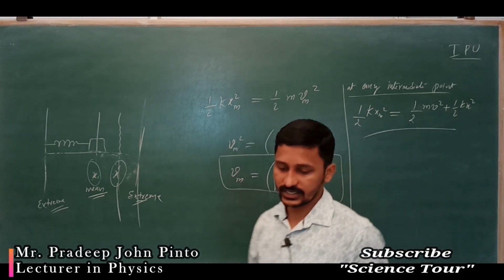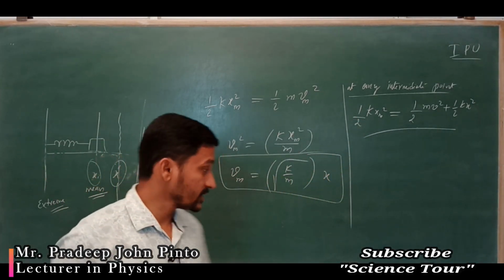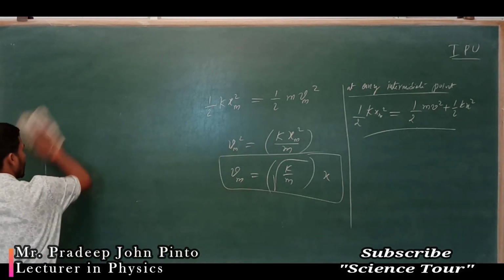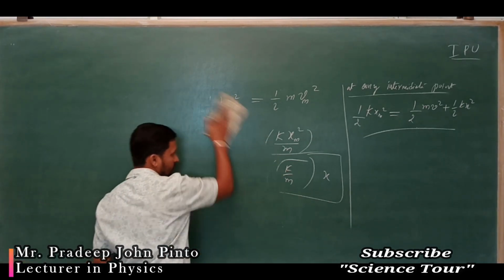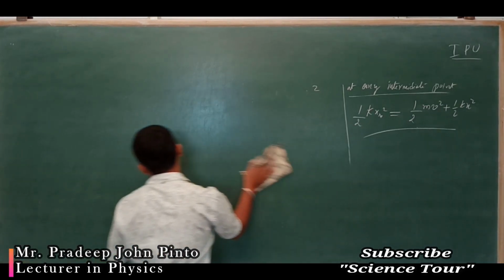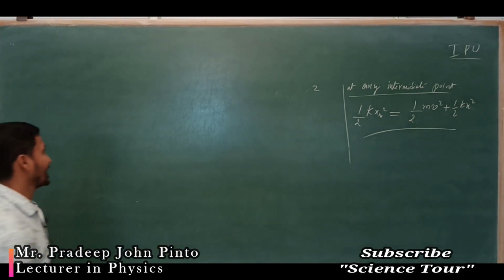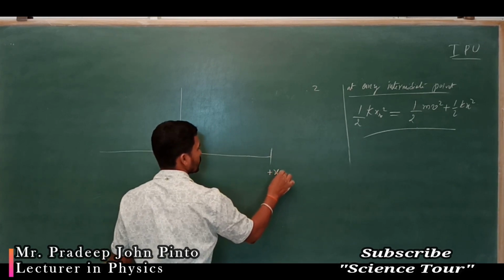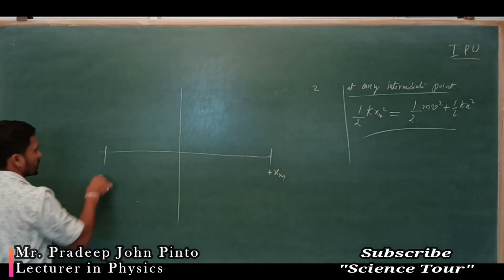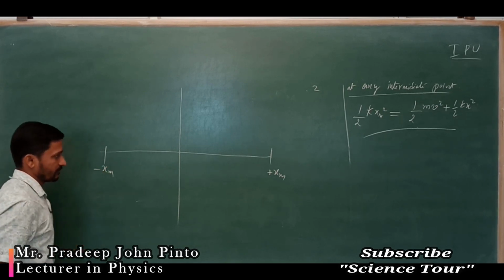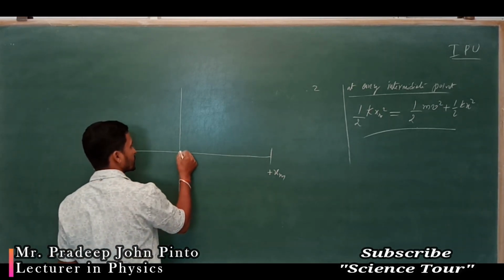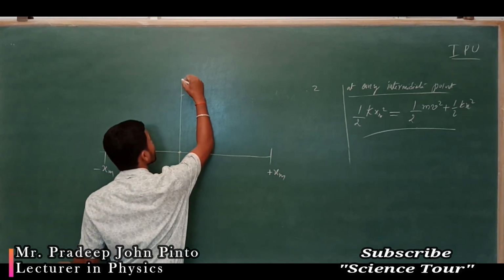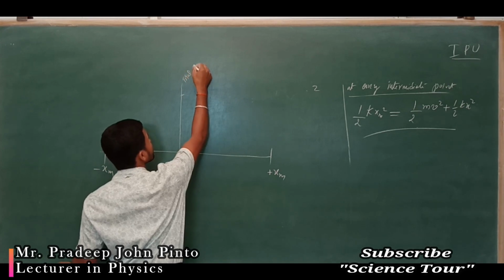This equation we can write down, and this is about the spring, and at the last we are going to draw a graph for the spring. So how can I draw the graph? Suppose we have the graph in this way. This is positive x maximum, this is negative x maximum, and this is the maximum total energy.